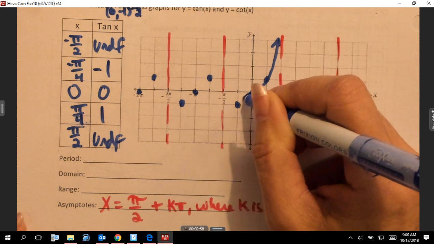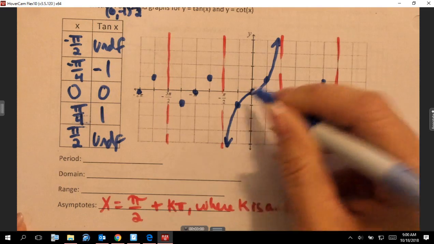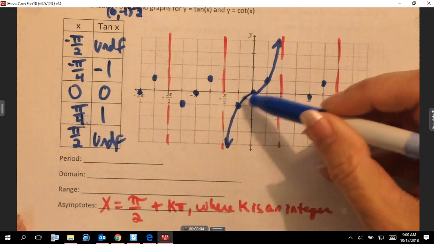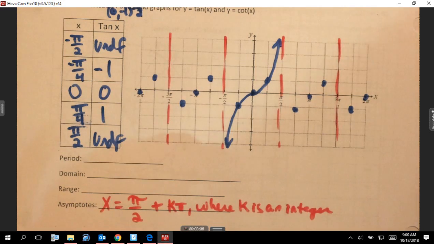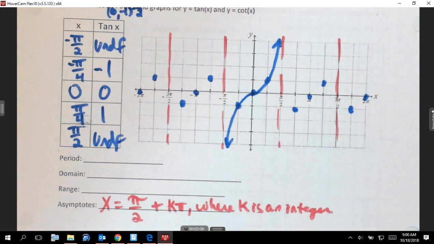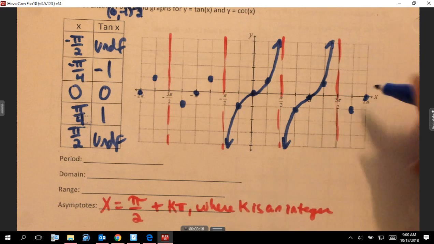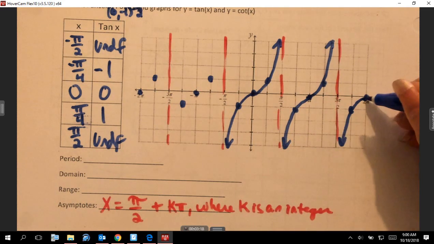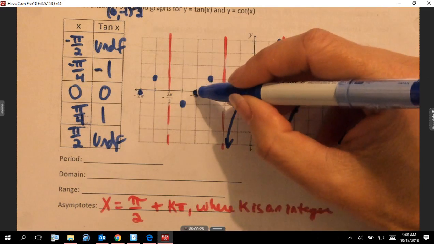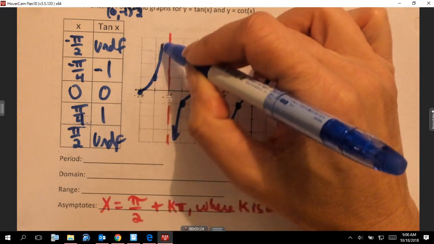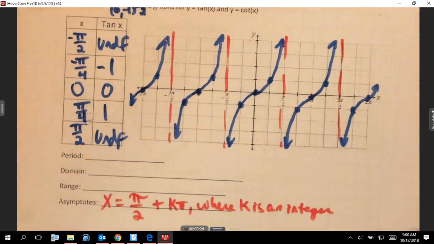When it's going from the center down, the concavity is opening down. So it should be kind of like two smooth curves stuck together. Maybe like a parabola that one side just went down. So you're getting closer to the asymptotes, but don't feel like you have to immediately be on the asymptote. It's a gradual process.